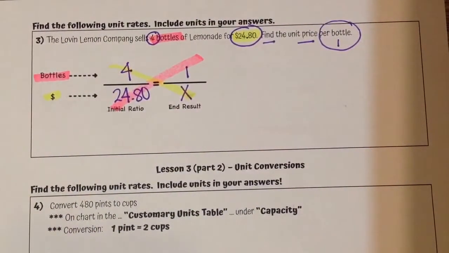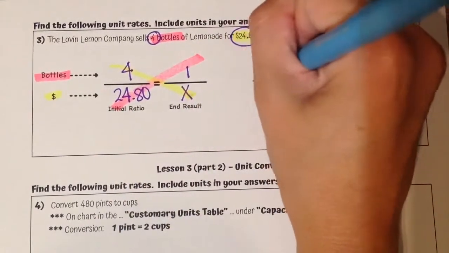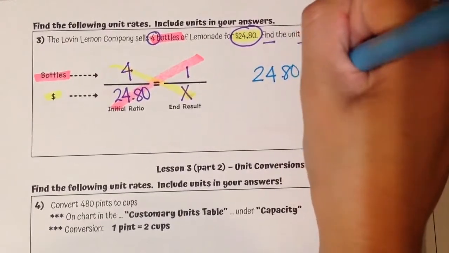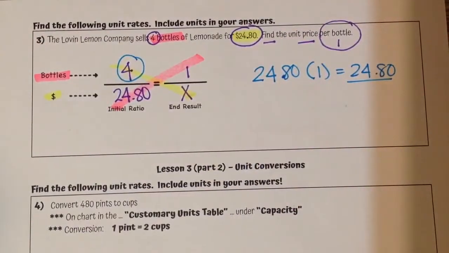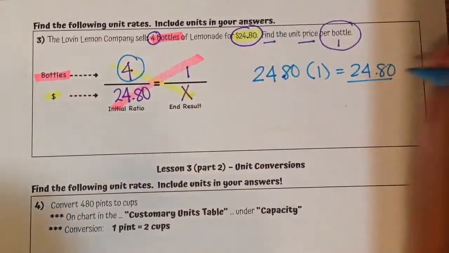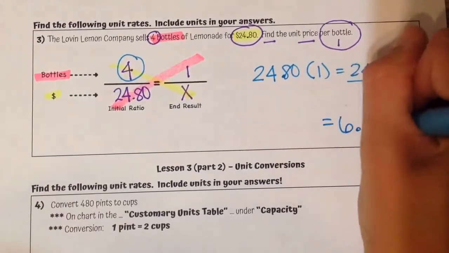The diagonal that has 2 numbers in it this time is our pink diagonal. We've got 24.80 times 1, which equals 24.80. And we're dividing by the number that's in the same diagonal as the variable, which is the 4. So we divide that and we get 6.2.